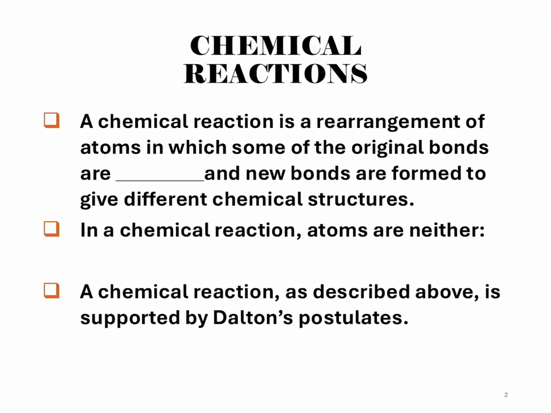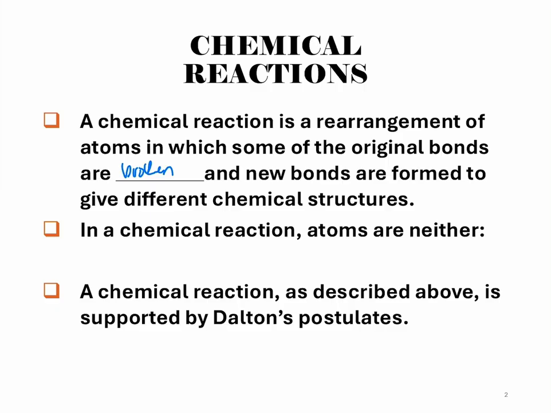Right, so a chemical reaction is a rearrangement of atoms in which some of the original bonds are broken and some new bonds are formed. What that means is that basically we have atoms. We don't change the identity of any of the atoms. All we do is change how their electrons are interacting with each other. And this is what we refer to as a chemical change.